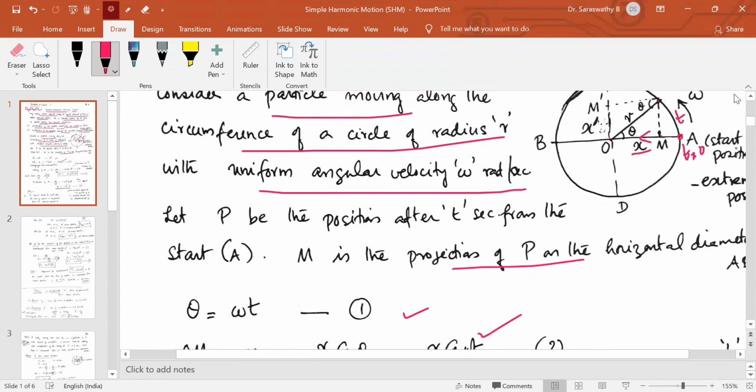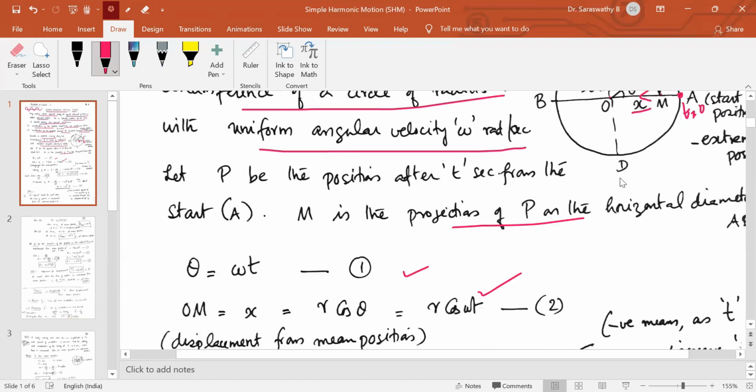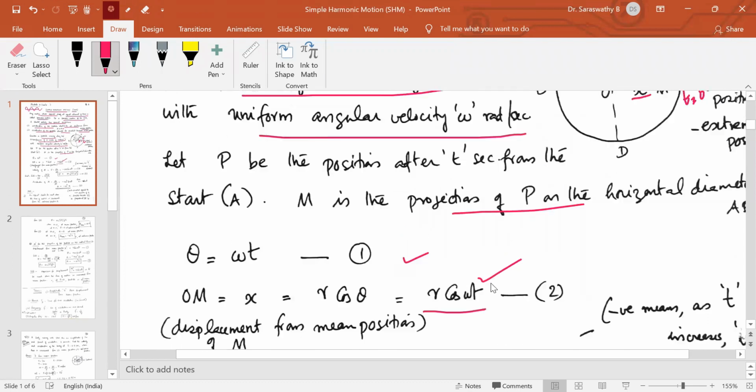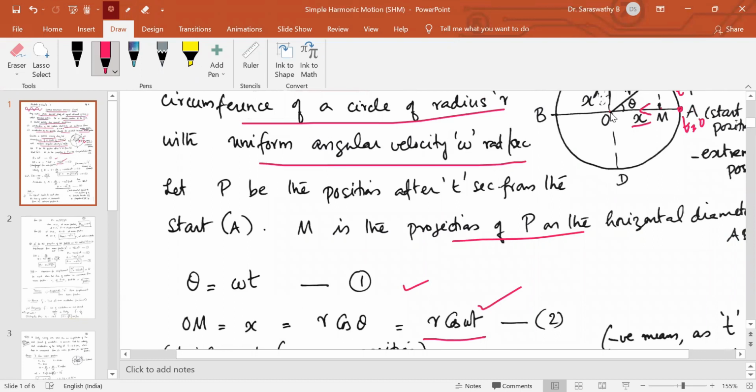So when I take the time as 0 at the extreme position, the displacement at any time is an expression connecting the amplitude r and the angle traversed theta, or x is equal to r cos omega t. That is one important expression. Always displacement is measured from the mean position only.